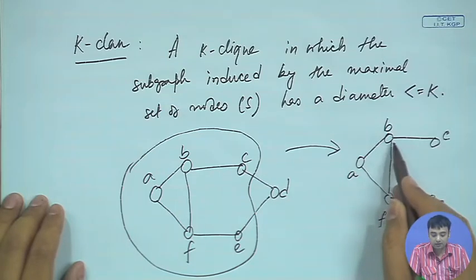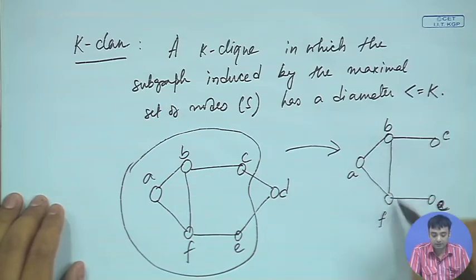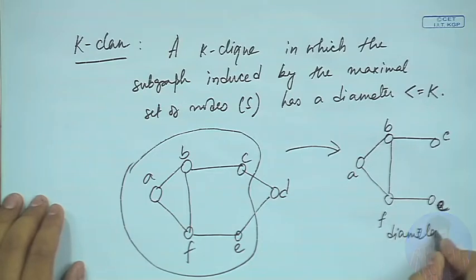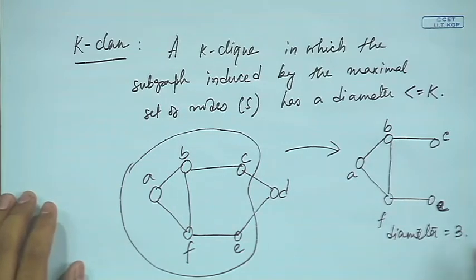The diameter of this subgraph is the distance between C and A, which is equal to 3. So, basically this is a 3-clan, this is no longer a 2-clan, because here you do not have the liberty to include the path that goes through D, which in the K-clique case you had the liberty to include even while D was not part of the maximal set.